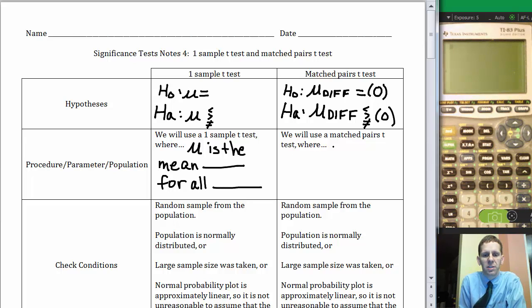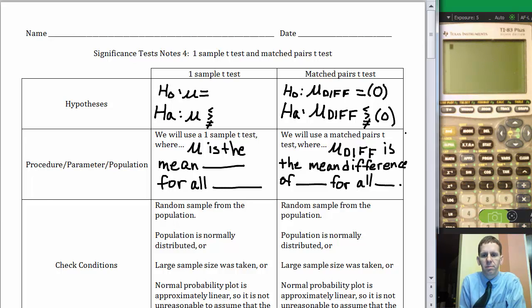For a matched pairs t-test, mu sub diff is the mean difference, or it may say mean increase or mean decrease of whatever you're talking about for all whoever your population is.